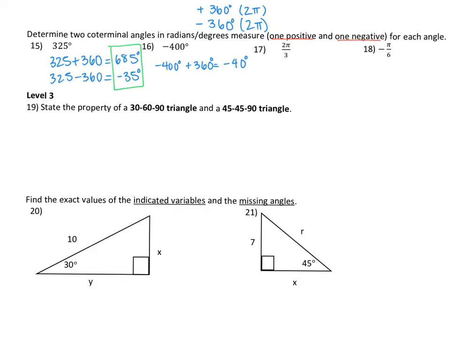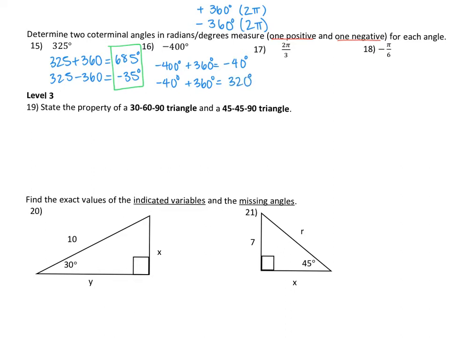So I'm going to do this again. I'm going to take the negative 40 degrees and add another 360 so I can find a positive angle. If I take negative 40 and add positive 360, I get 320 degrees.